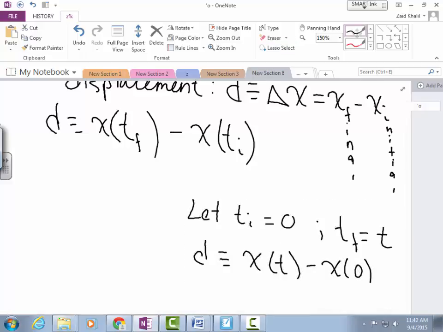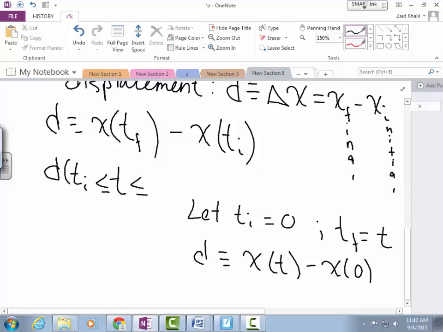Displacement is going to happen over what time period? From TI to TF, right? All this is saying is that T spans from what to what? TI to TF. And that's equal to x of TF minus x of TI.